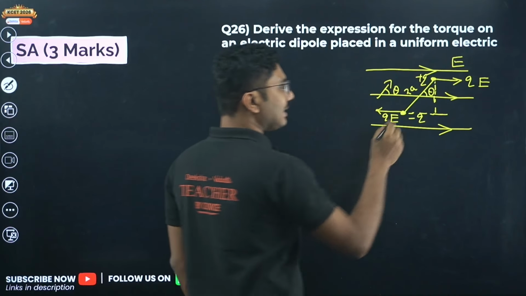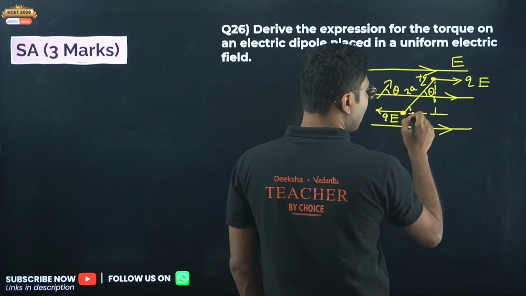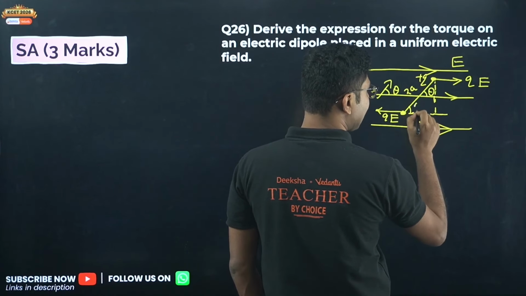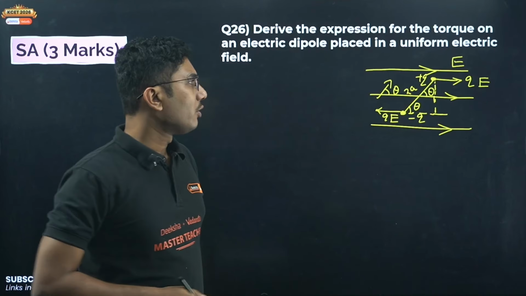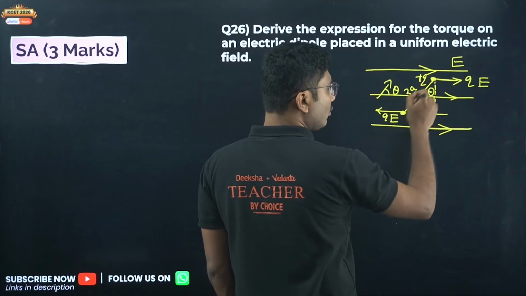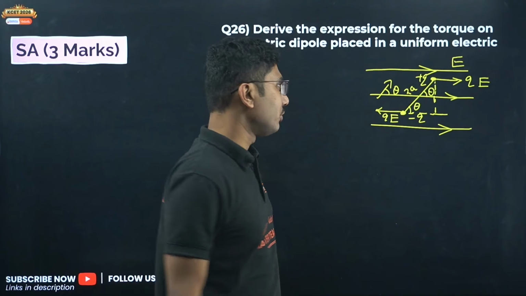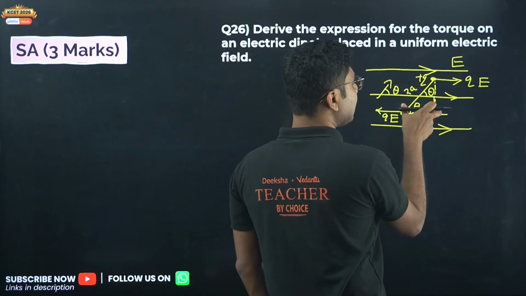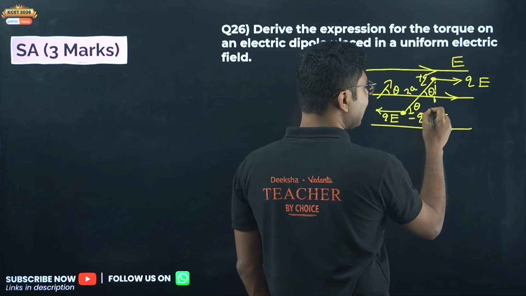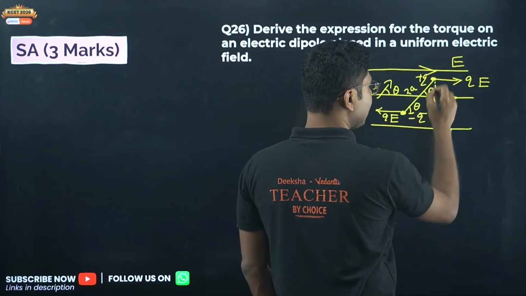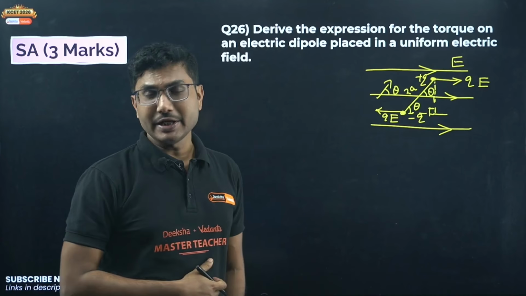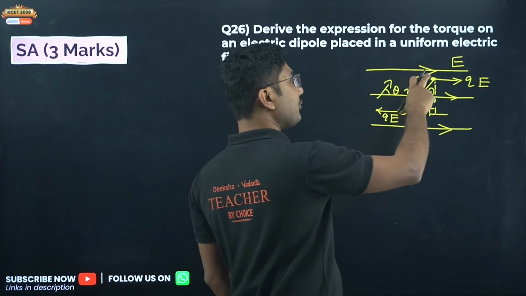This angle is theta, that means this is a similar angle, so this angle will also be theta. And this side is 2a. 2a is the distance between the dipole, so that is also known. This is 2a, this angle is theta, and this is 90 degrees, because this is a perpendicular. So it is a right angle triangle, hypotenuse is 2a.